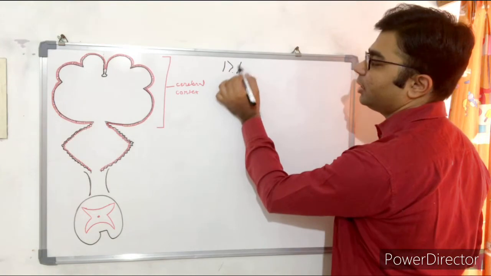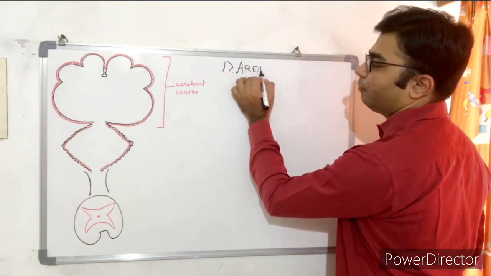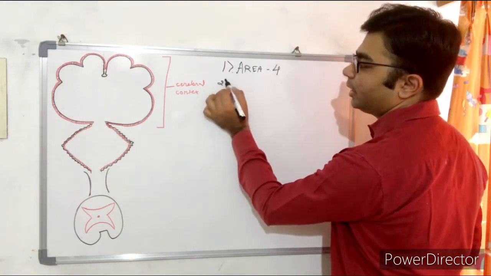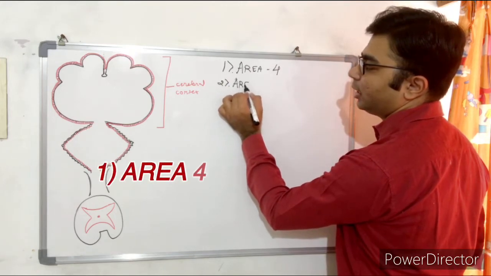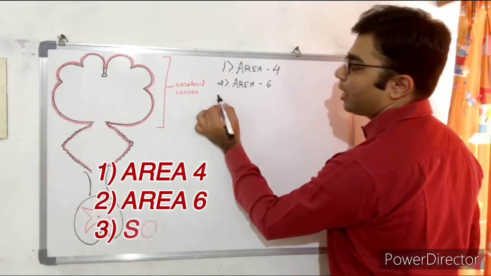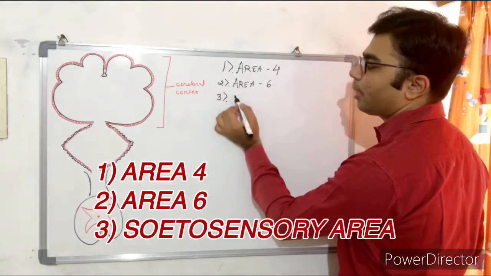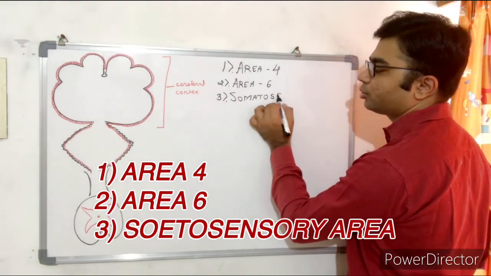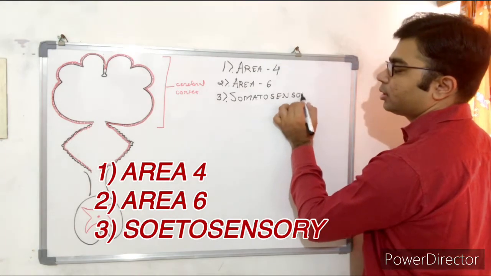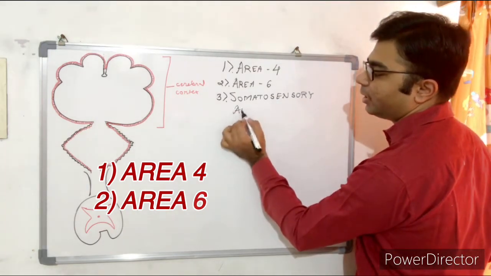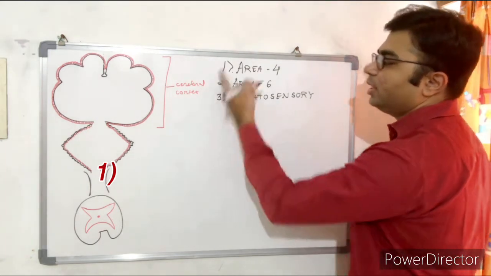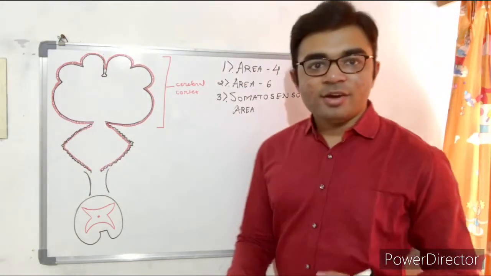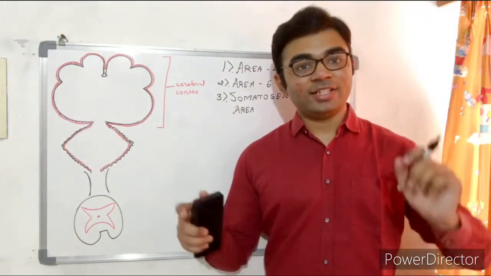The first area is area number 4. Second is area number 6, and the third is the somatosensory area. So these are the 3 areas from which the pyramidal tract originates.